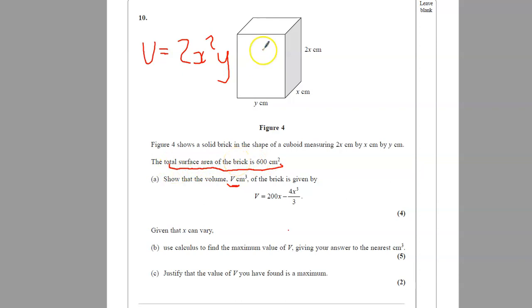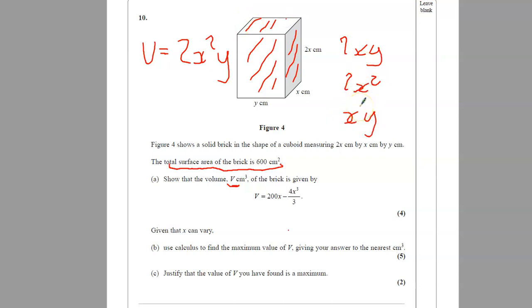So surface area is the area of this face, which is 2xy, plus the area of this face, which is 2x squared, and the area of this face, which is xy, all added up, and everything doubled. So I'm going to just double everything now, turn these into 4, and put a 2 there. You add all that up, and it equals 600.